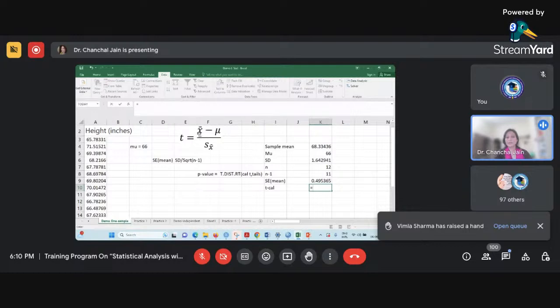So I'm using the bracket: x bar means this, minus mu is this, closing the bracket, divided by the standard error of mean. Is it fine? Clear to all? Can I press enter?